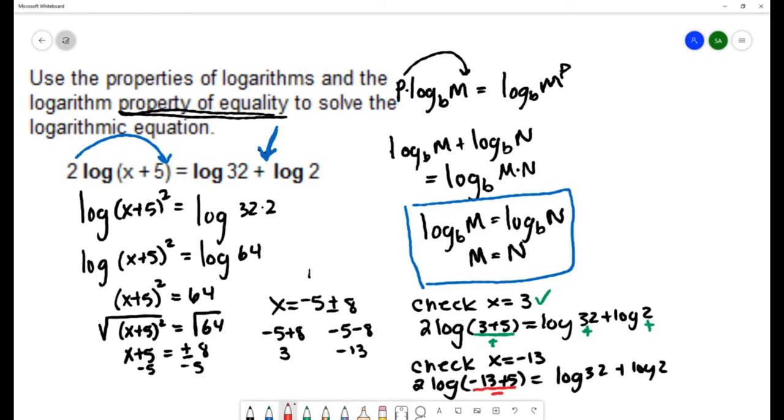And log of a negative is undefined, so this number can't possibly be a solution because when I substitute it into the equation, it makes the expression undefined. So the only solution to this logarithmic equation is x equals 3.